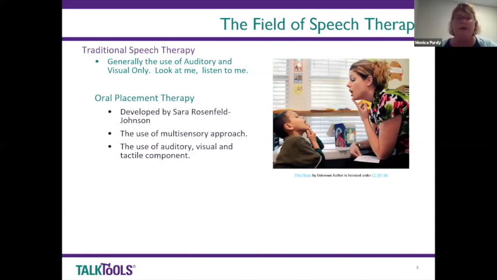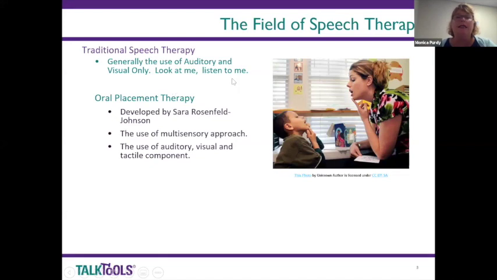She's looking at those muscles of the mouth and seeing how they move independently. How can we work on those muscle movements for those children and adults to get clear speech and adequate feeding?